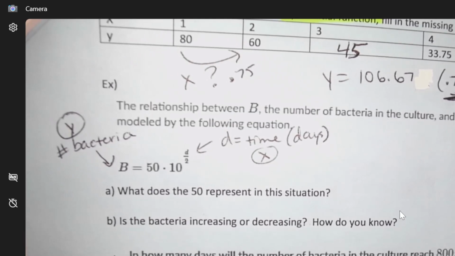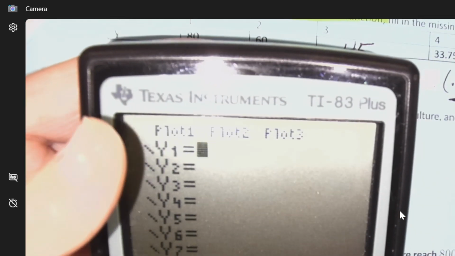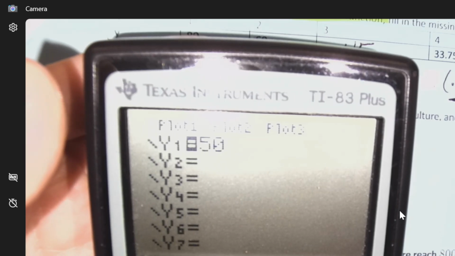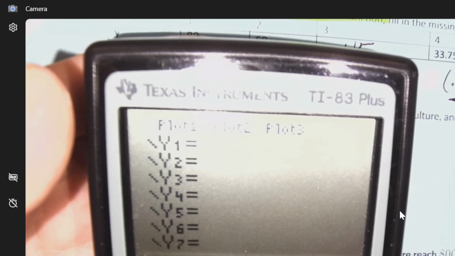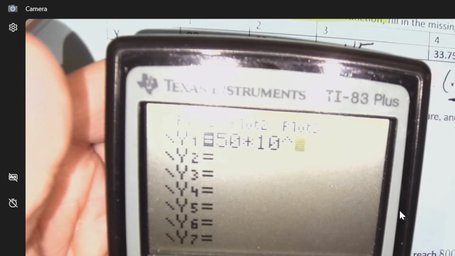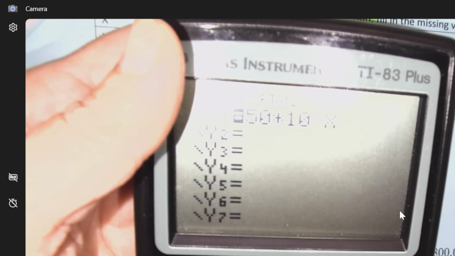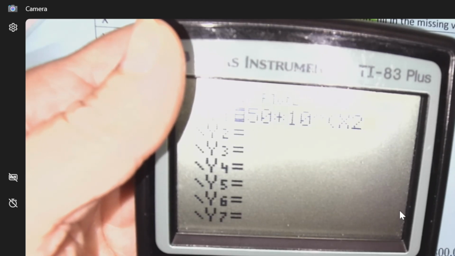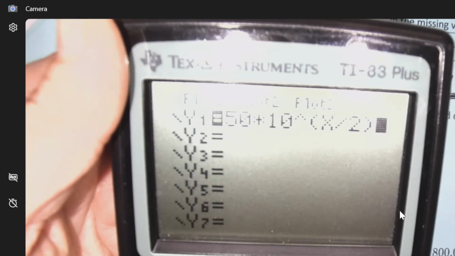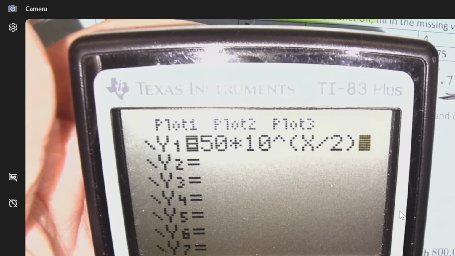Okay, so we are going to go to our calculator. We're going to be typing this in. So 50 times 10 to the, you have to have this in brackets, x over 2. Gotta have that in brackets.